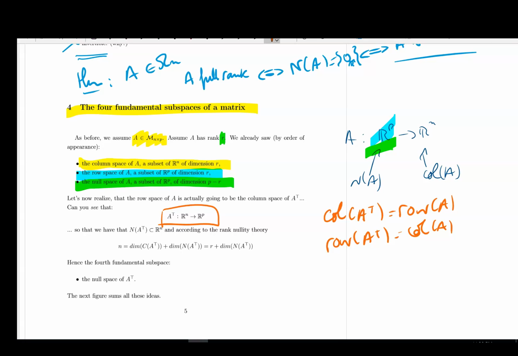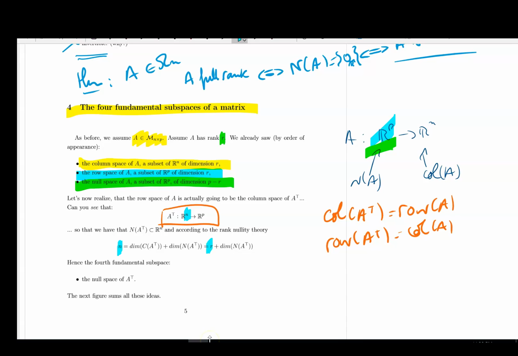According to the rank nullity theorem, we can also express it for A transpose, right? So for A transpose, the dimension of its domain, which is n, should be equal to the dimension of its rank.